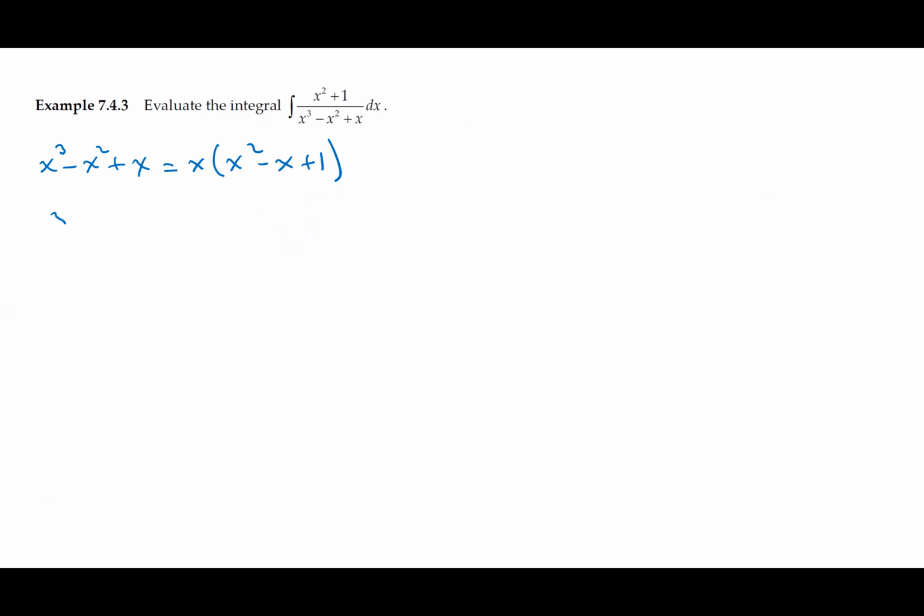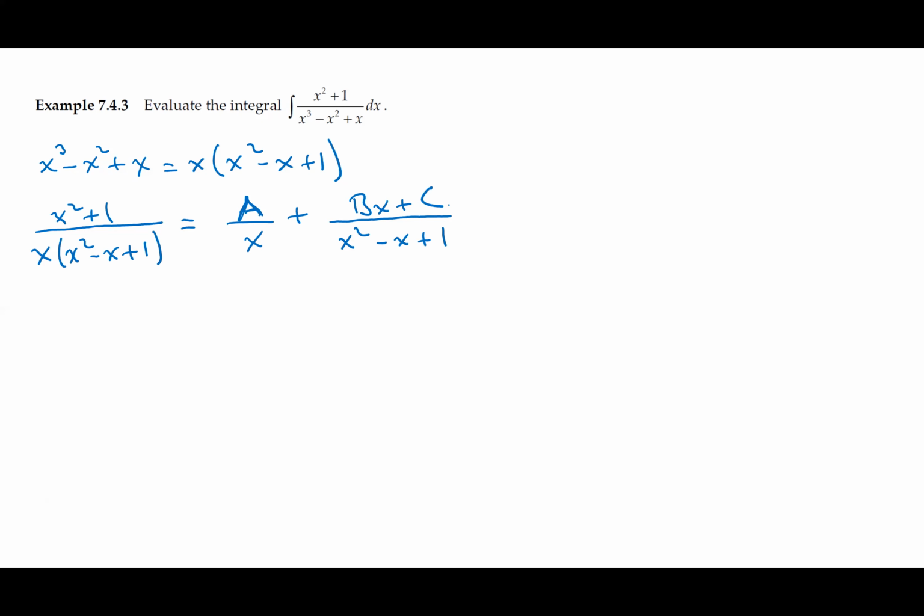And so I have (x squared plus 1) over x times (x squared minus x plus 1) equals a over x. And then here's my other numerator. It has to be linear or constant, so bx plus c, okay?